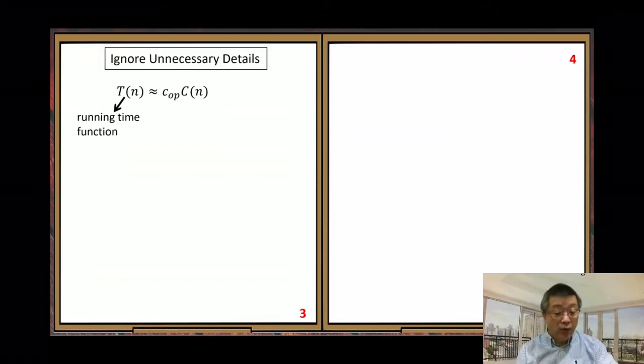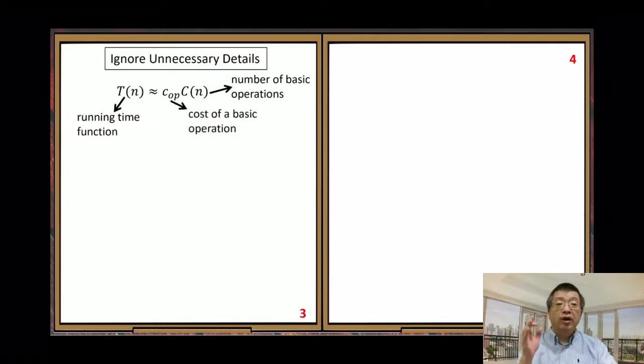We want to measure it indirectly using the C function, the number of basic operations. And in order to bridge these two functions, we use this concept, C sub op, the cost of a basic operation.